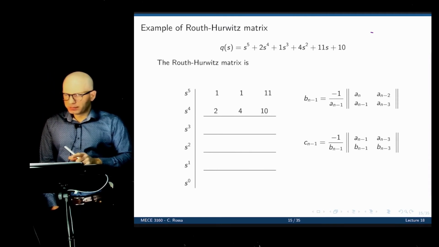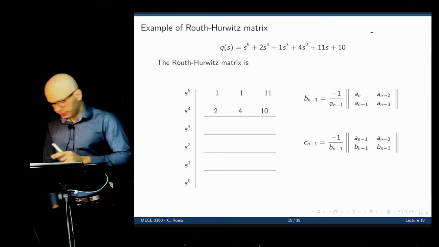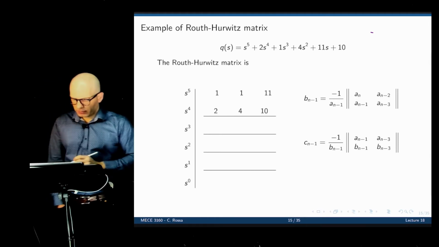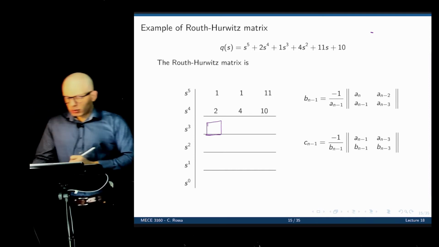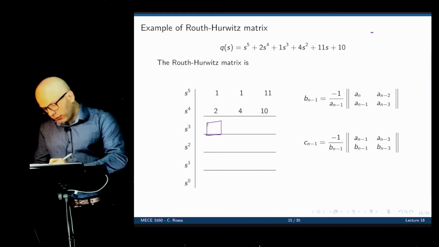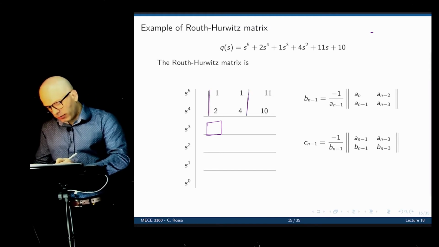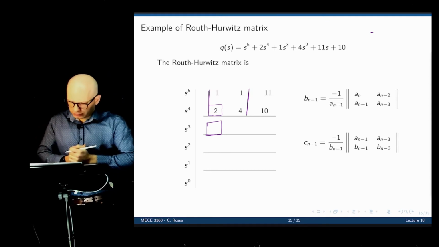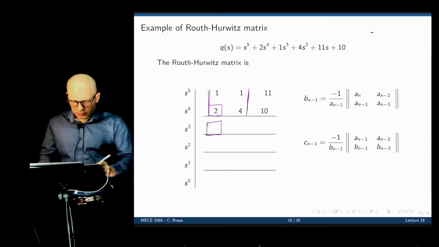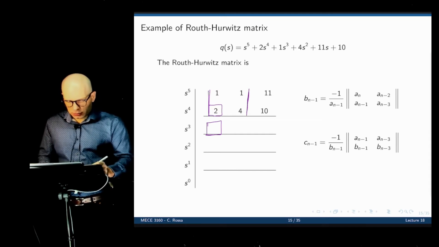Are we good here? All right. So now let's do the first element in the calculation, which is this one. When you calculate that element, you have to take the determinant of what is just above it, and consider the corner here, the bottom left, to calculate the new coefficient. So what is this new coefficient?